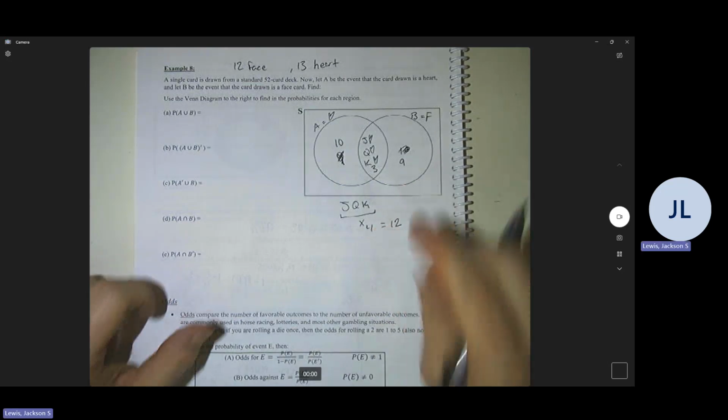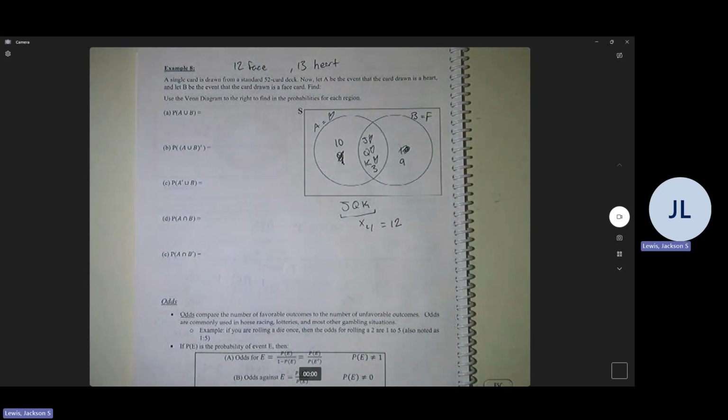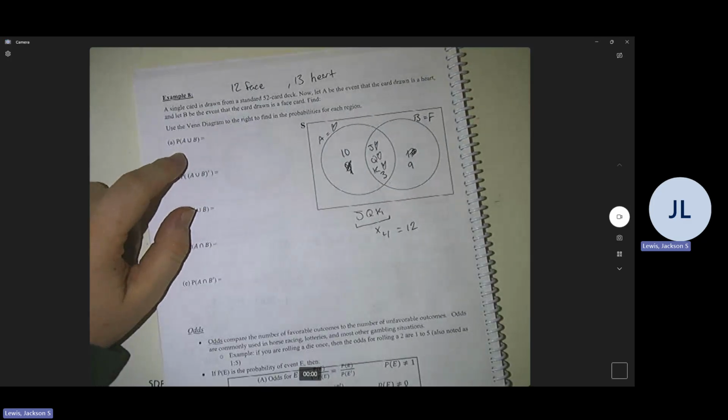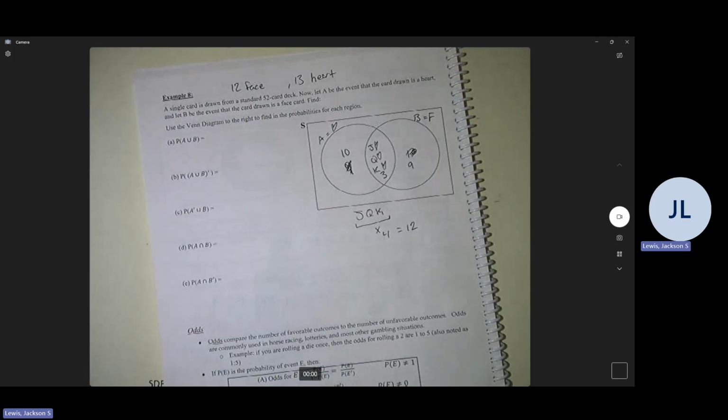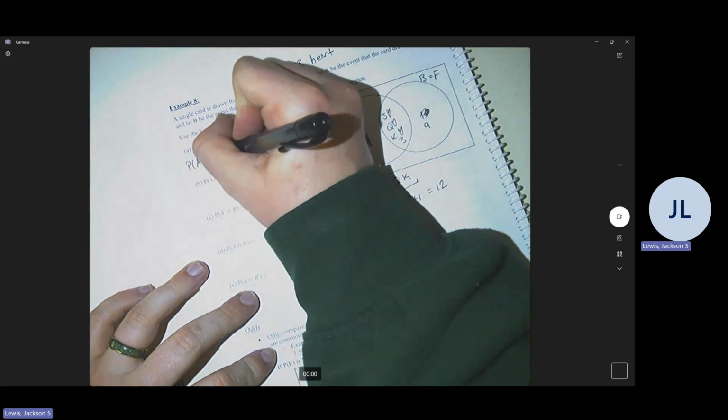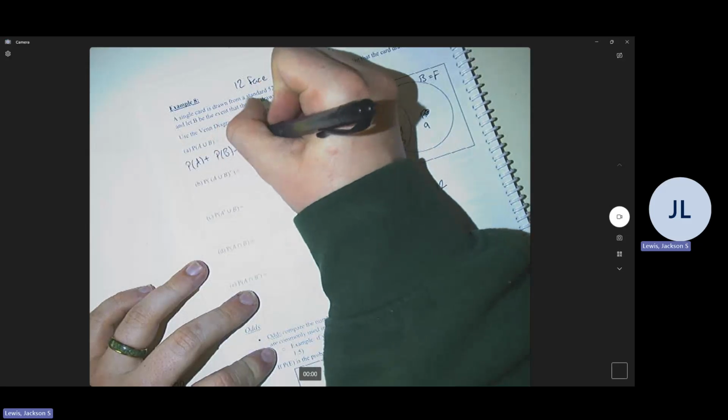This is one of those things where it would be nice to have a picture of the entire deck of cards, but I remember some of that information, so I can just write it out this way. The probability of A union B, the probability that I draw something that is either a face card or a heart, is the probability of A plus the probability of B minus their intersection.